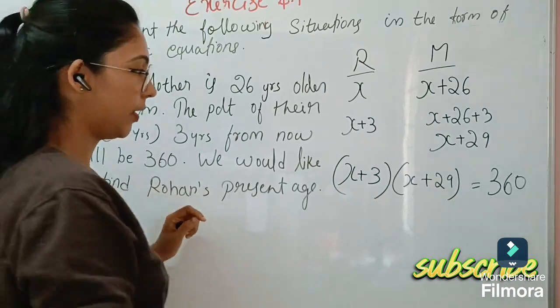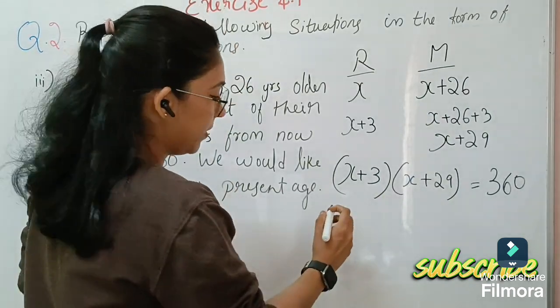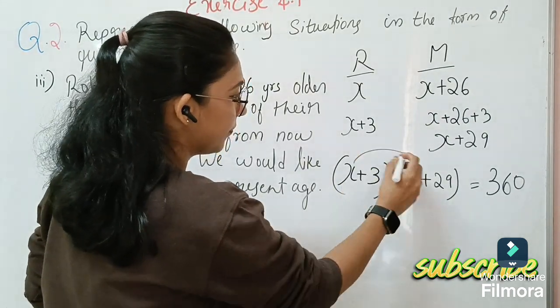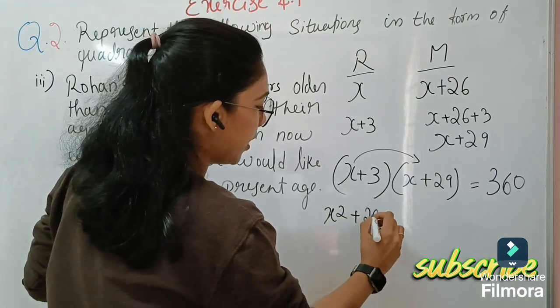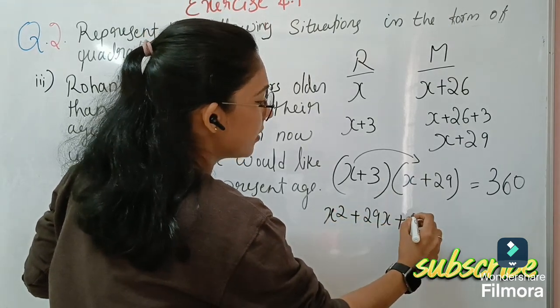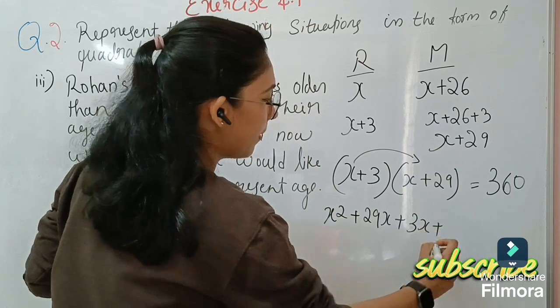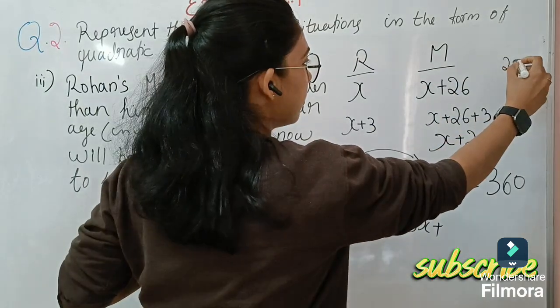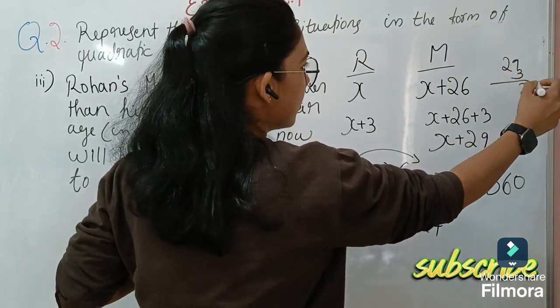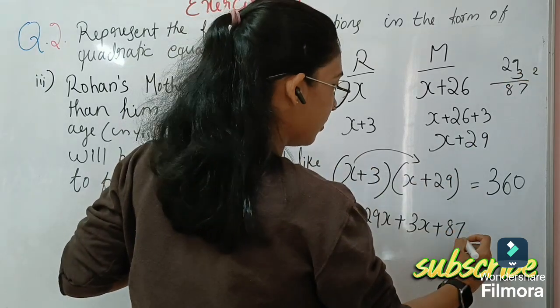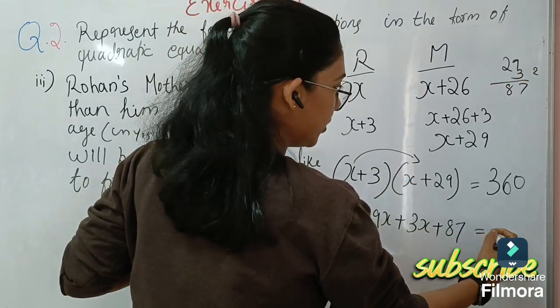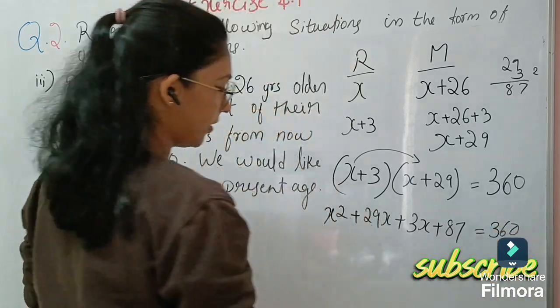On cross multiplication we get x square plus 29x plus 3x plus 29 times 3, that is 87, is equal to 360.